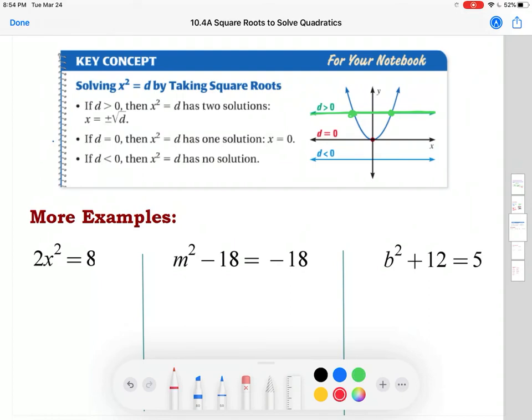When that d value equals 0, that line is right here, so we have this one solution right there at the vertex. And then the last case is when we have that value equals a negative, and that's our blue line down here. And notice our parabola doesn't cross that blue line at all. So no solutions, right?